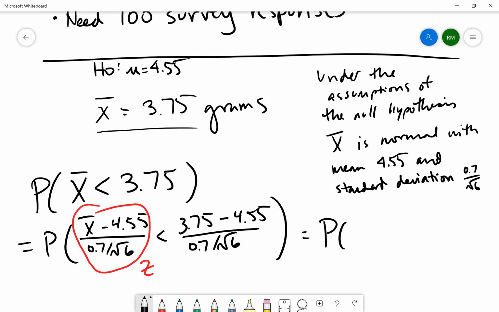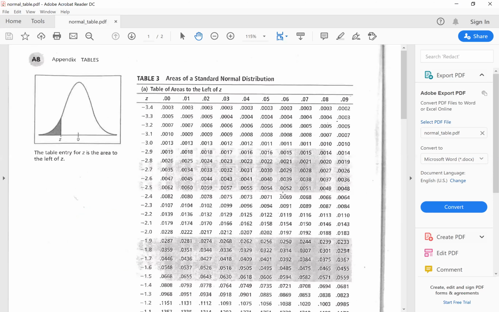And so this tells us the probability that Z is less than negative 2.80. That's what we should get when we calculate this quantity on the right. So let's look this up in our table. And what we find is we get a probability of 0.0026.